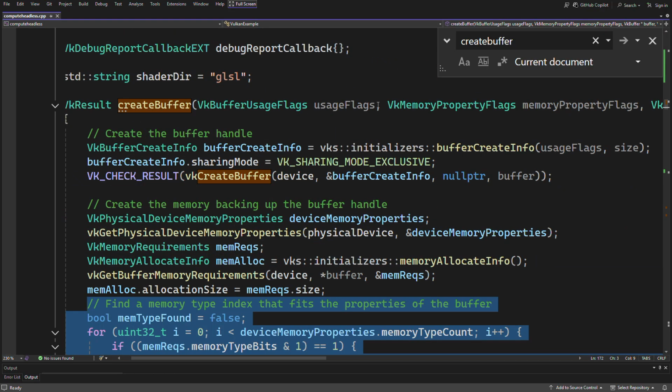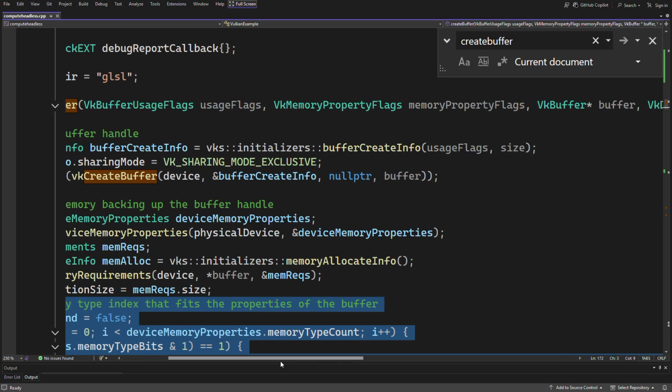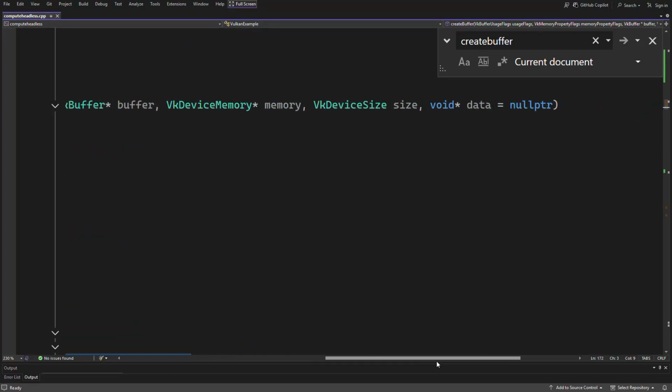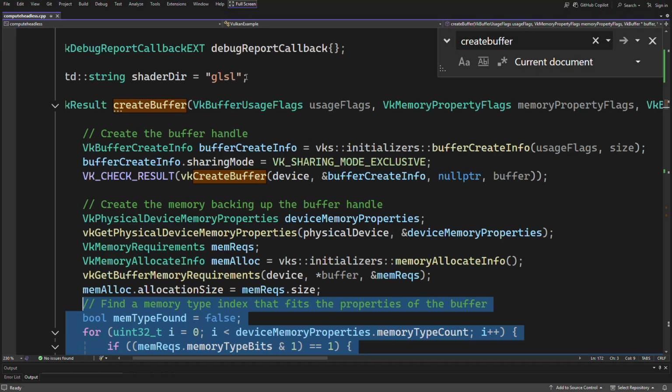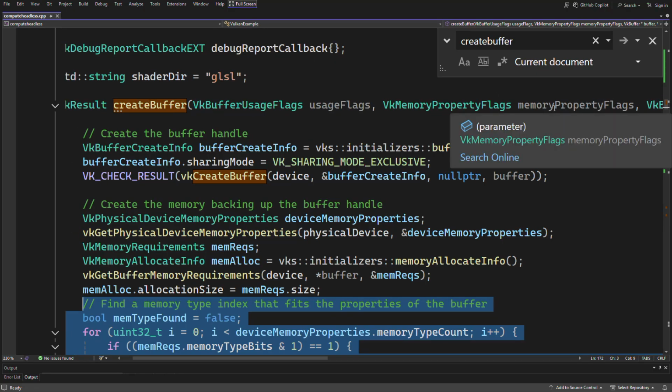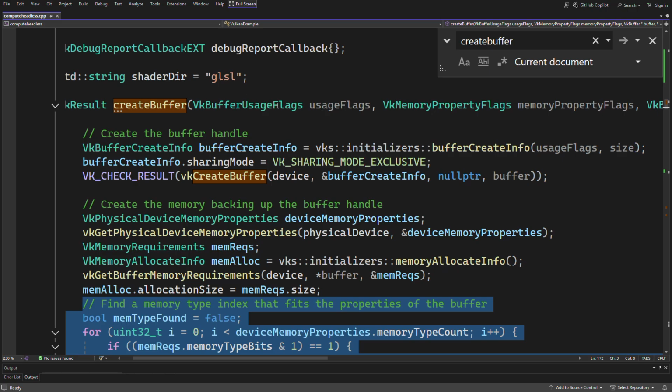And it's all part of the create buffer function. We have our usage flags and our memory property flags. There are other considerations here, but we just care about what are the properties of the physical memory, and what do we plan to use it for. And that's pretty much it.